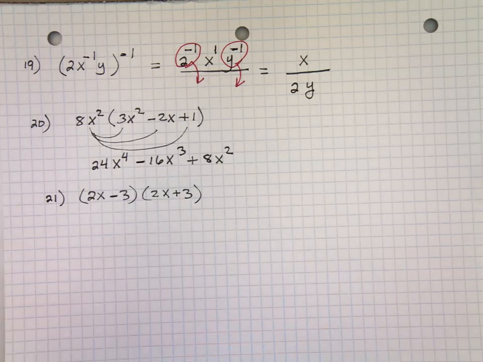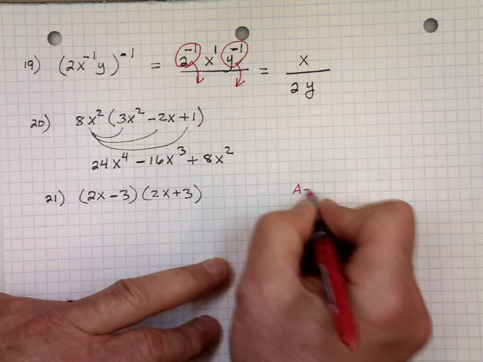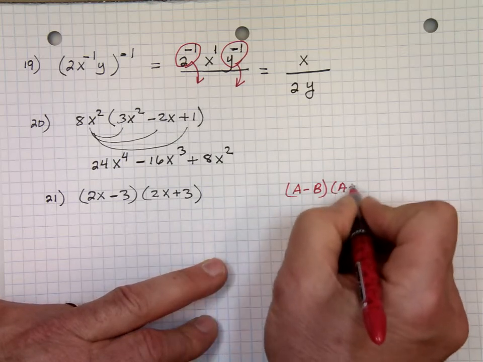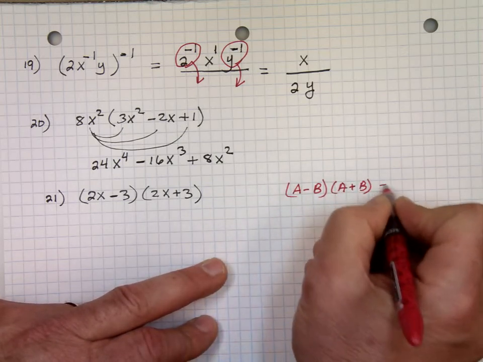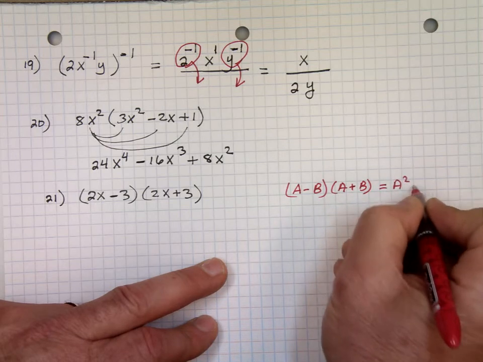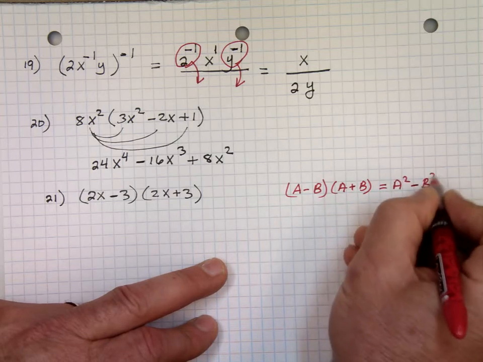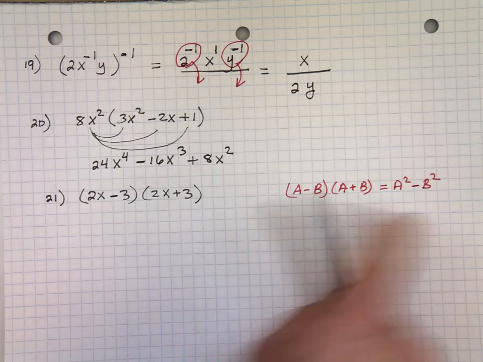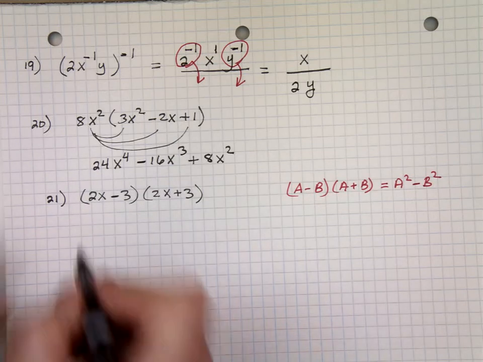I can use the FOIL method here, or I can use that special case that says a minus b times a plus b. The result is what? A squared minus b squared. So if I want to use that special case instead of FOIL, take the first term, which is 2x, and square it.